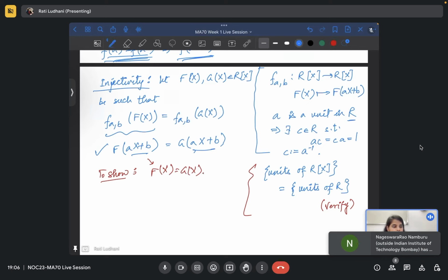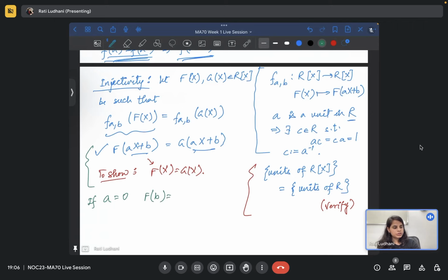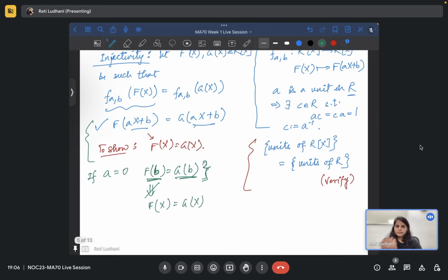As an example, I can tell you that this is not always true, because let's say if a is equal to 0, then f(b) is equal to g(b), like over constants these are equal. If it is equal on constants, that does not imply that f(x) is equal to g(x).